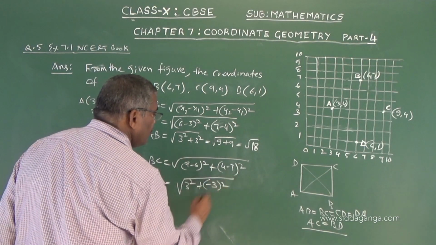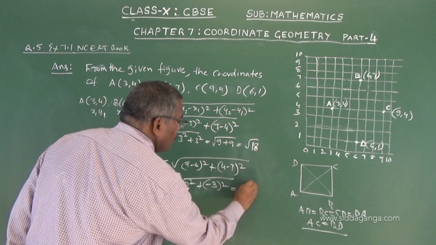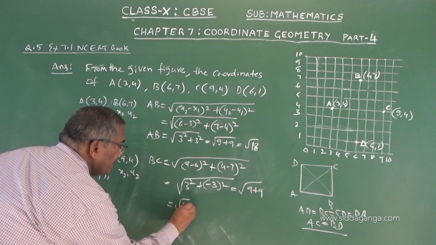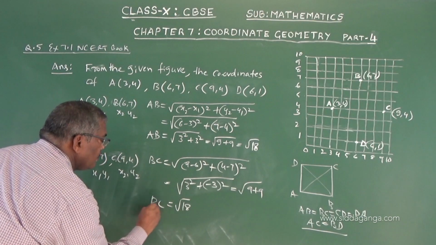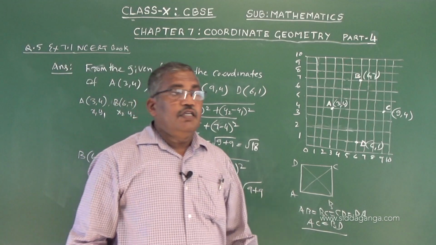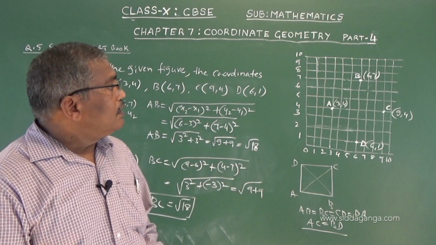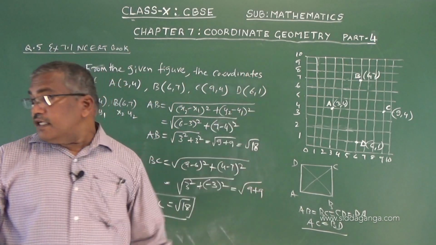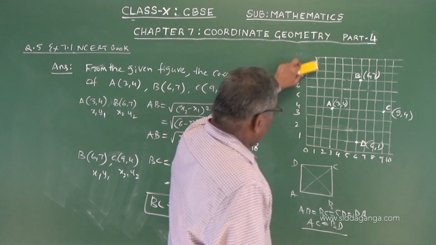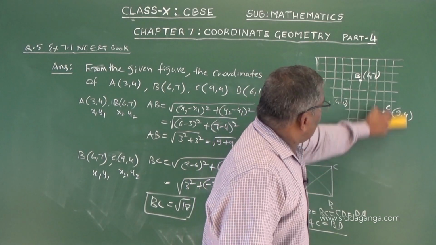This is also equal to root of 9 plus 9, so root of 18 we get. AB is equal to BC. AB is root 18, BC is root 18. Now I will erase this sketch because I do not have space.